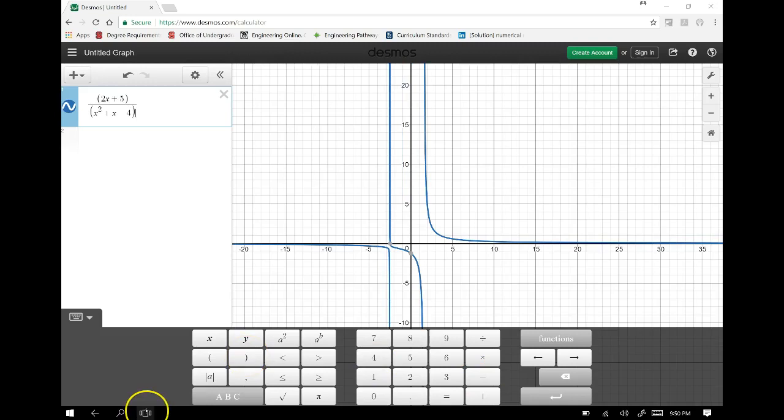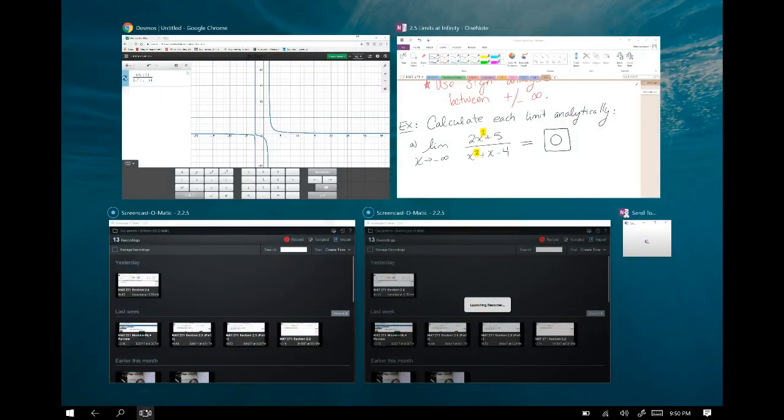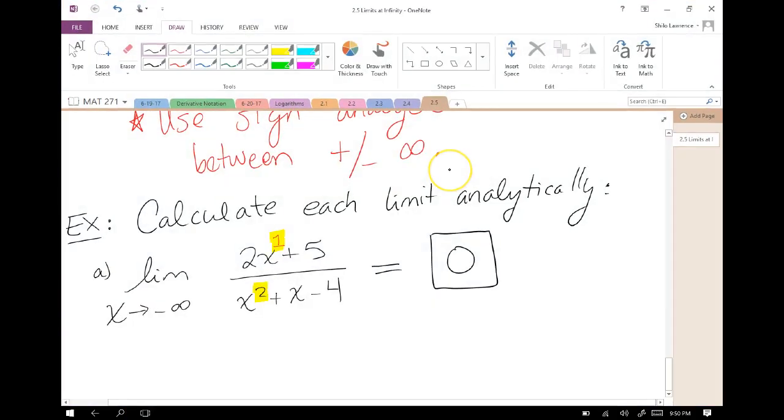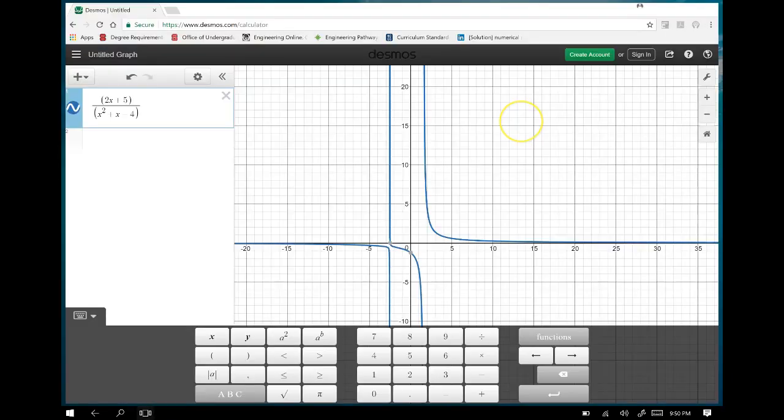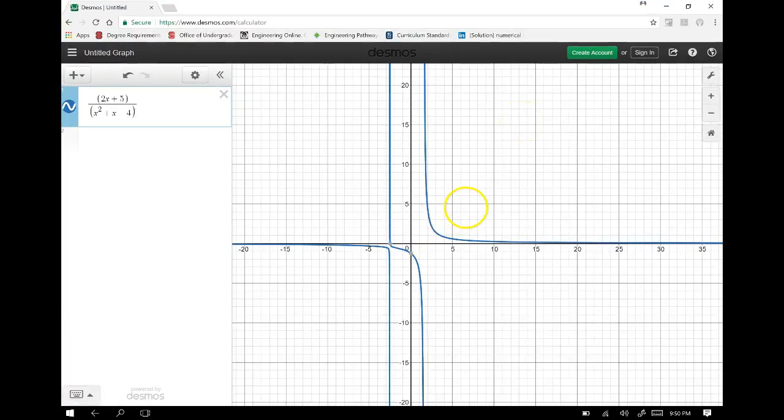We were asked what it is doing on the left-hand side. What is it doing as it approaches negative infinity? So far off on the left-hand side, what does it look like the y value is doing?